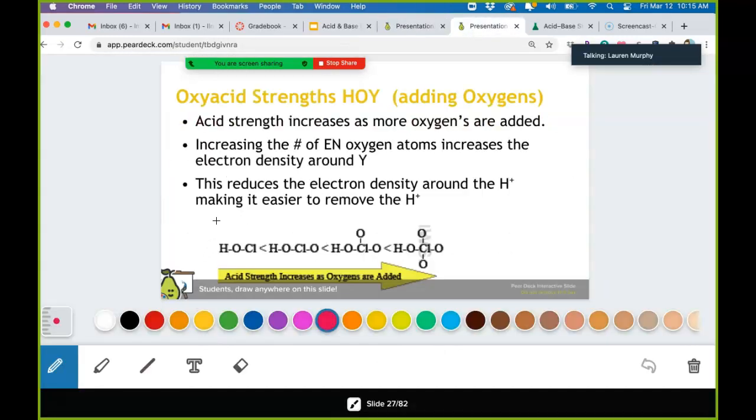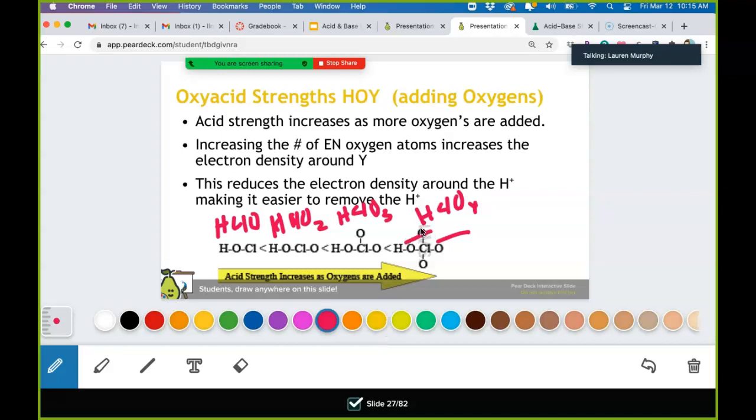We have HClO. This is HClO2. Wow. This is HClO3. This is HClO4. And this guy's one of our 6 strong acids. And that's why, because it has all those oxygens on it.